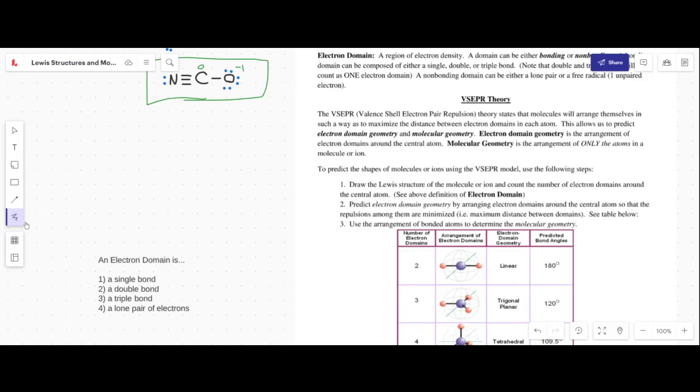So if I'm looking at, for example, this molecule right here, the one that we just drew a Lewis structure for, the NCO, how many electron domains are on that carbon? Just on the carbon. Remember, a triple bond is how many domains? 1, 2, or 3?